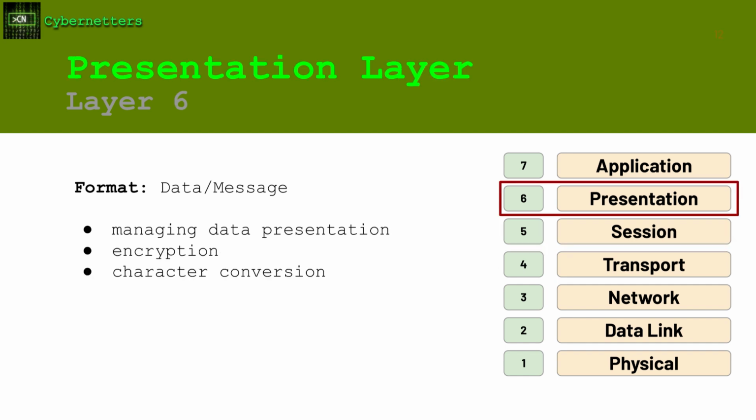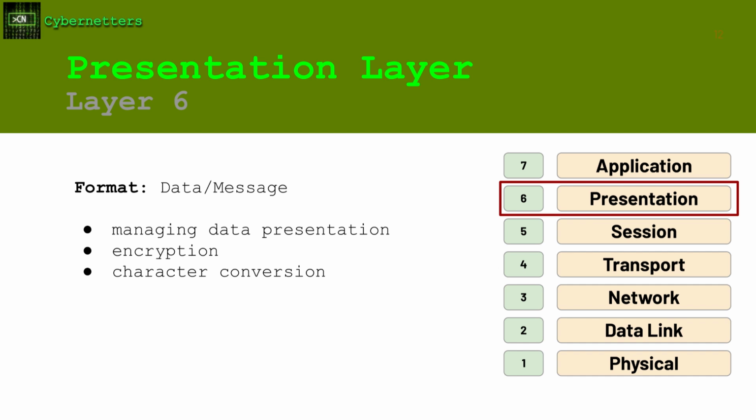So the presentation layer, also known as layer 6, will act as the translator and security guard for your data, so that data can be understood regardless of differences in how systems process the data. The format in this layer is data and messages. The responsibilities of the presentation layer are that it formats data so that it can be compatible, which is managing data presentation.